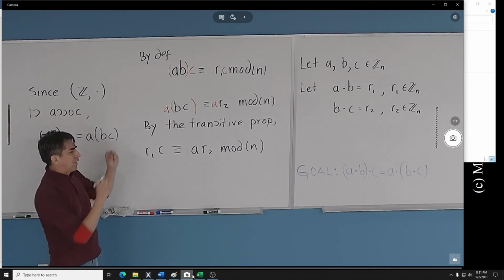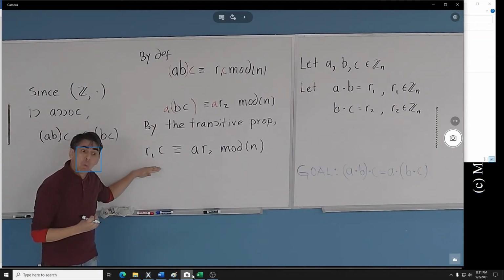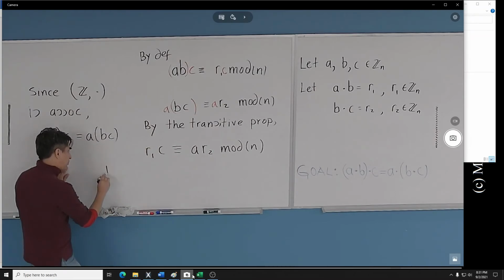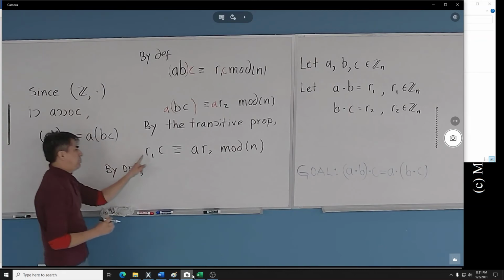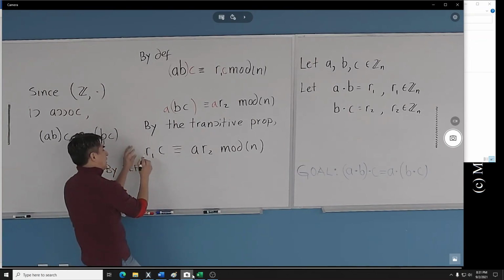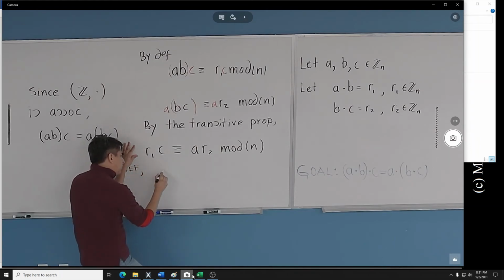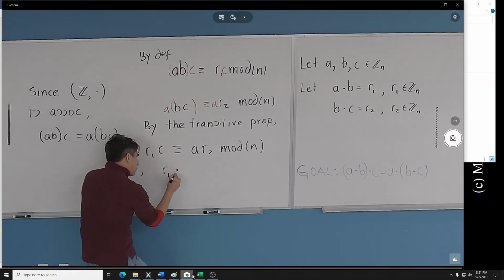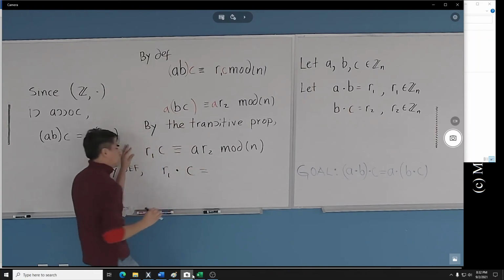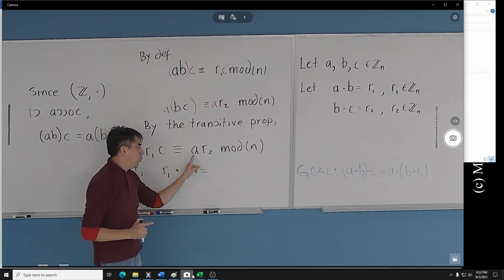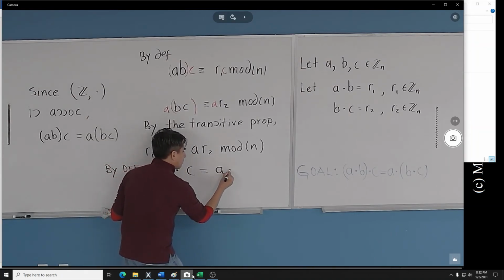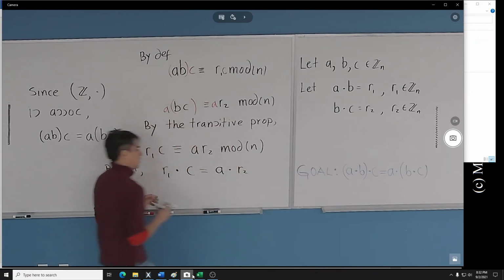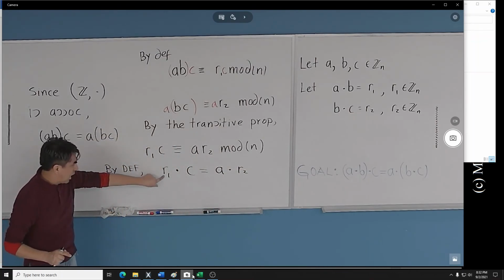Now let's put this as a product modulo n. So by definition, what you see here means that the product modulo n of R1 and C equals the product modulo n of A and R2. But wait a minute, I know what R1 is.